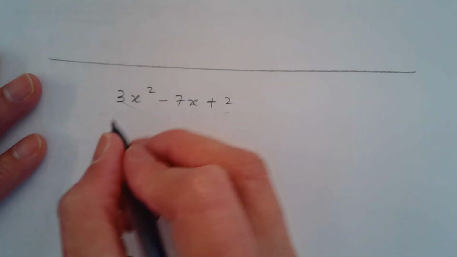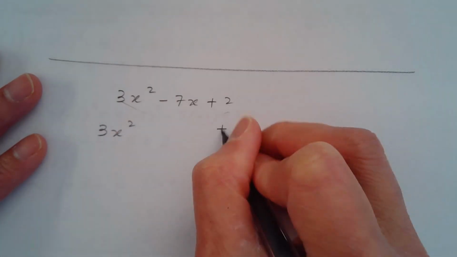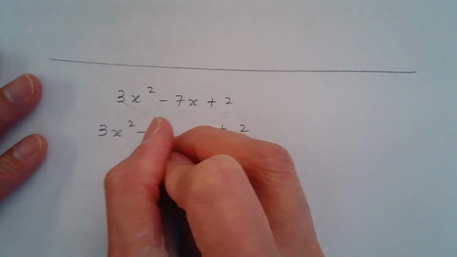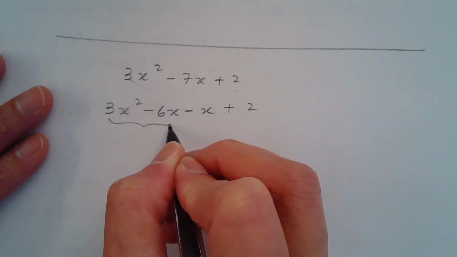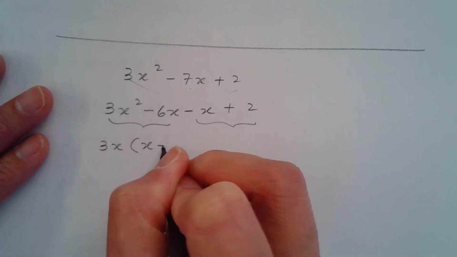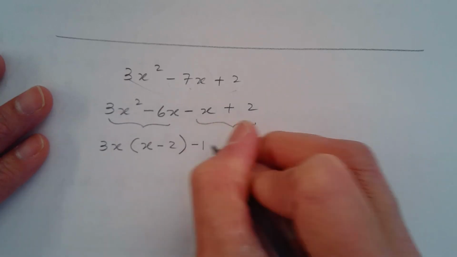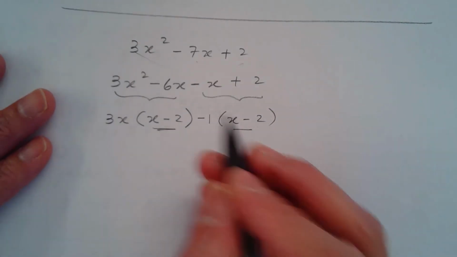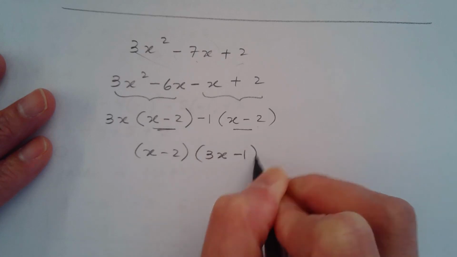We multiply these two, that's 6. What will add up to negative 7? Negative 6x minus x, and then factor by grouping. This is going to be 3x, x minus 2. The GCF between these two is negative 1. It's x minus 2. So the factored form would be x minus 2, 3x minus 1.